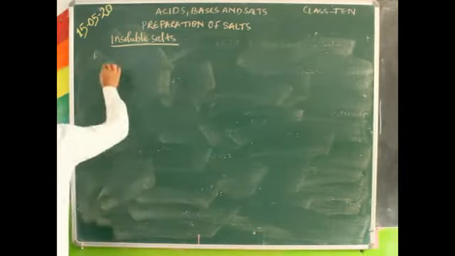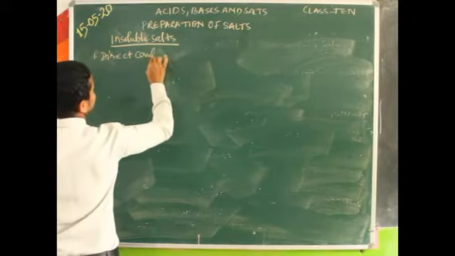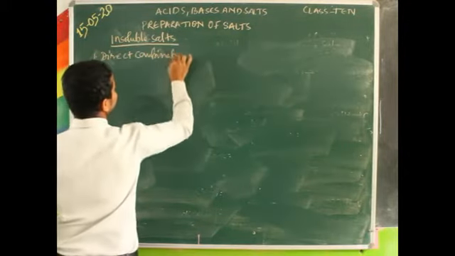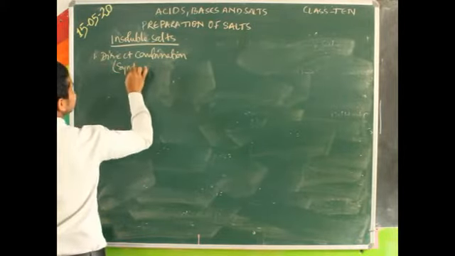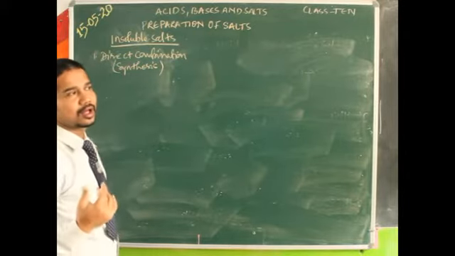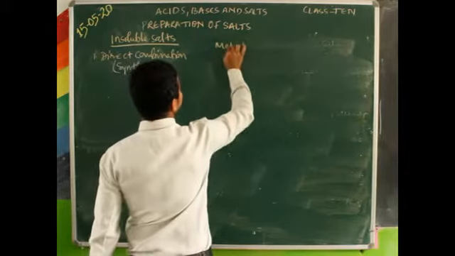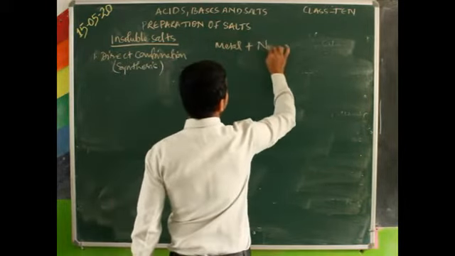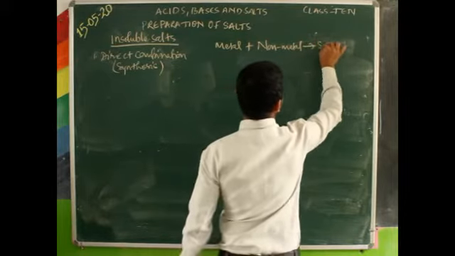Number 1 is direct combination. And this direct combination is also called synthesis. That means by heating two elements. Here also metal plus non-metal gives salt.